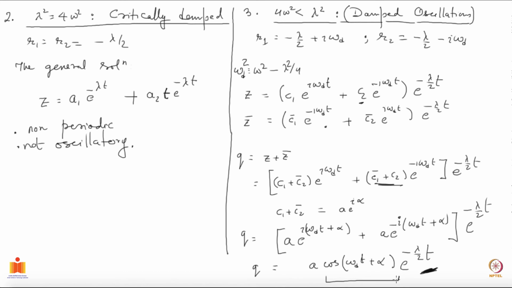Where omega d is this quantity here, and clearly it is smaller than omega. There is a minus lambda square by 4. Let me write these two things down. So one, in this case where I have damped oscillations, I do have oscillations, but it is not periodic.